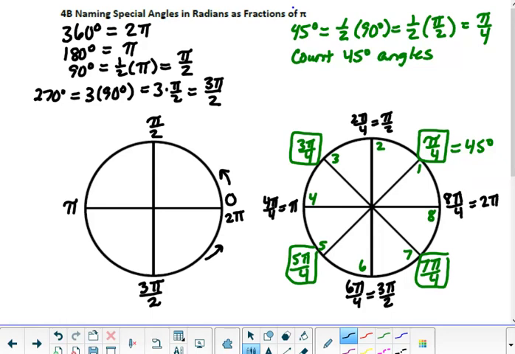So the special angles that are 45-degree reference angles, if we go back and look at this, 45, 45, 45, 45, all of these have 45-degree reference angles. Notice that the numerators are odd numbers and the denominators are all 4.